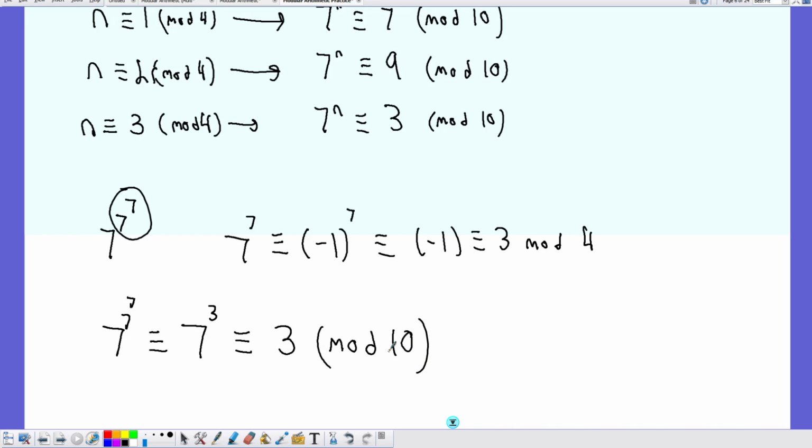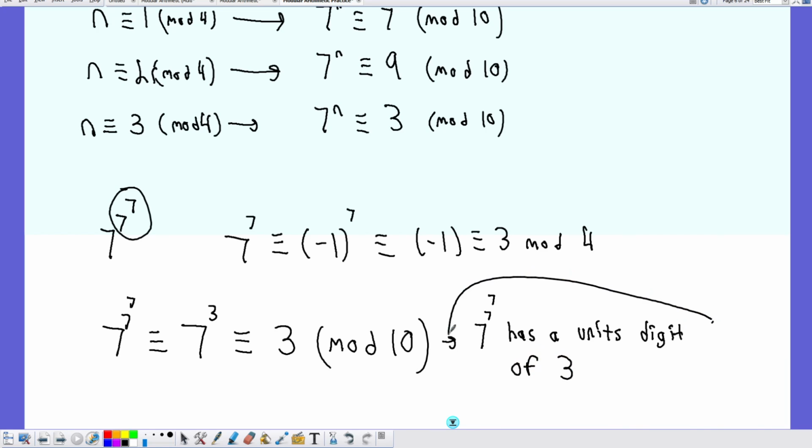And so we would say that 7 to the 7 to the 7th has a unit digit of 3, based on that process of repeating exponents. And that is it, the last problem of the modular arithmetic unit.